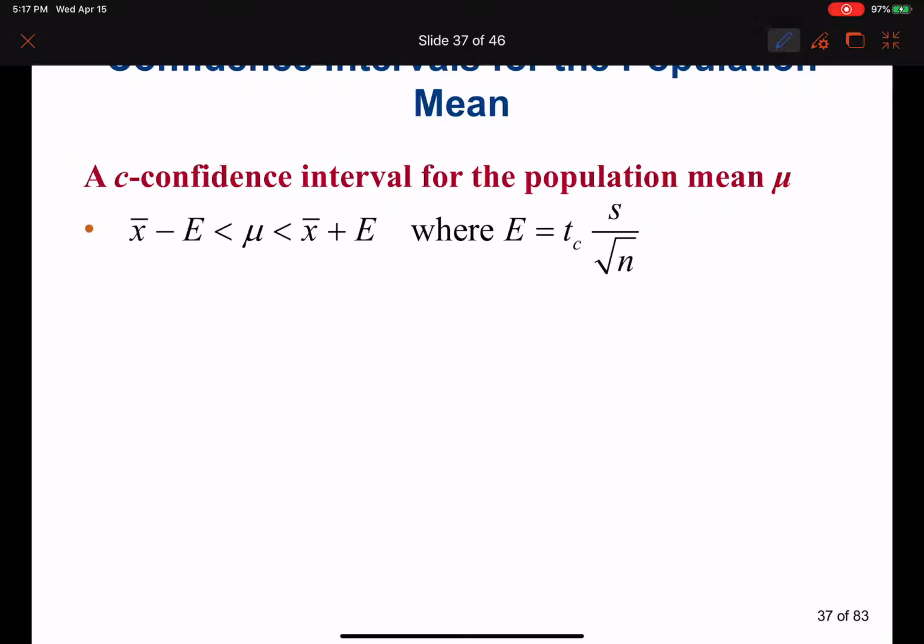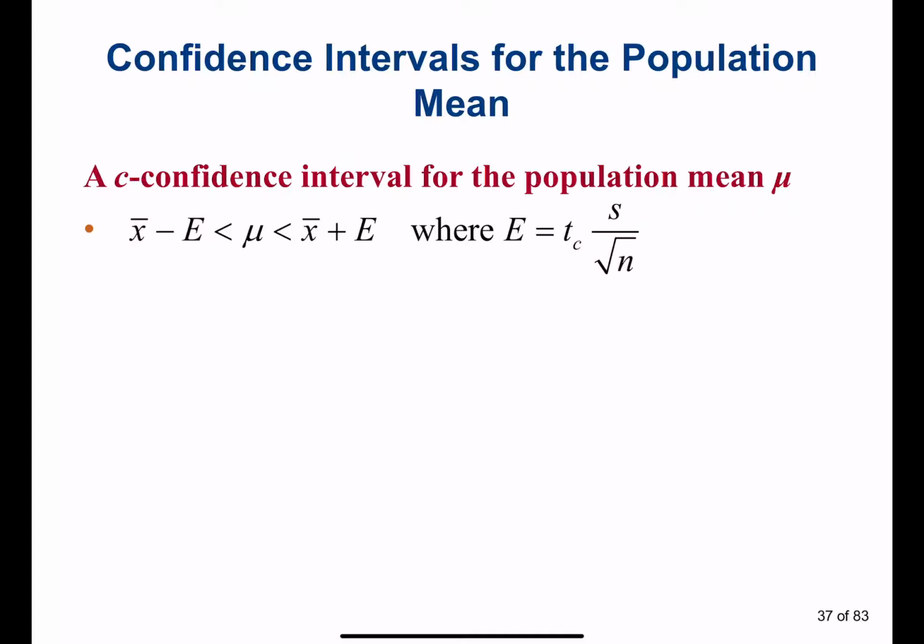So what about the confidence interval? What is the formula? It's exactly the same formula, x bar minus e, x bar plus e. That's where our mu is located. Why do we use it? Because sometimes our population, be it all dolphins in the world, all children in the world, or birds or animals or people, and we want to find out the average.